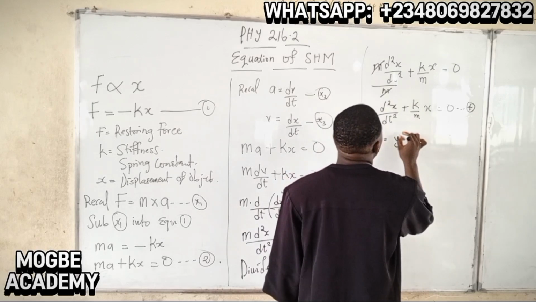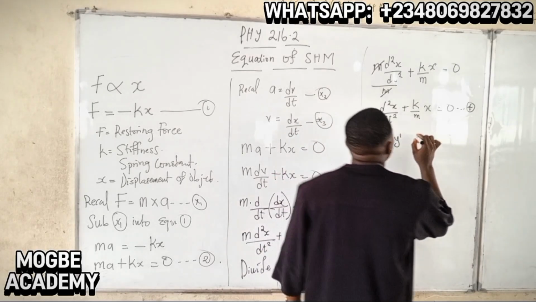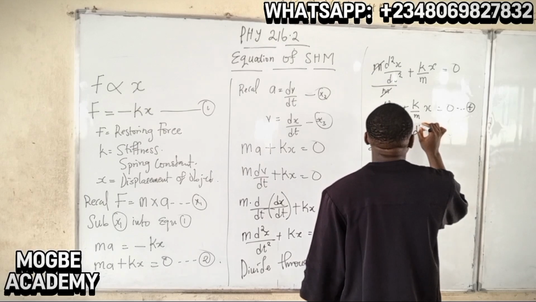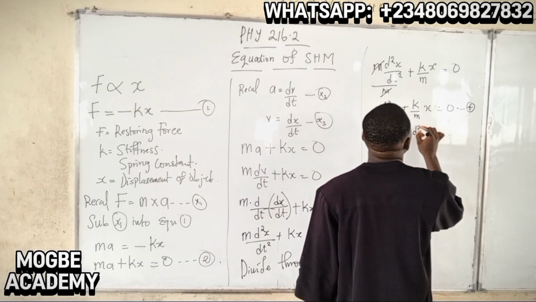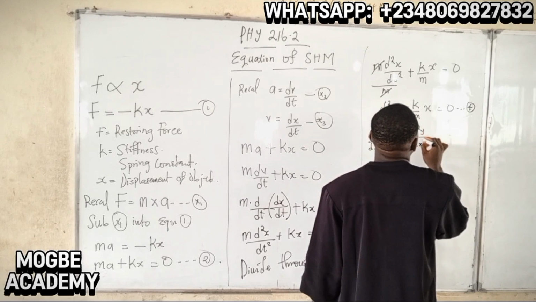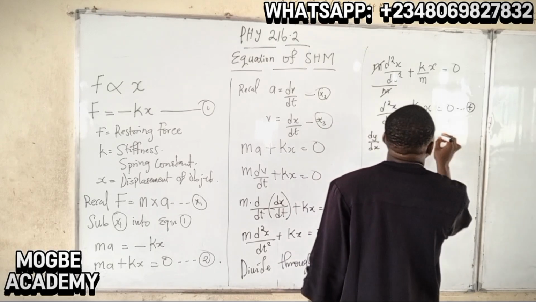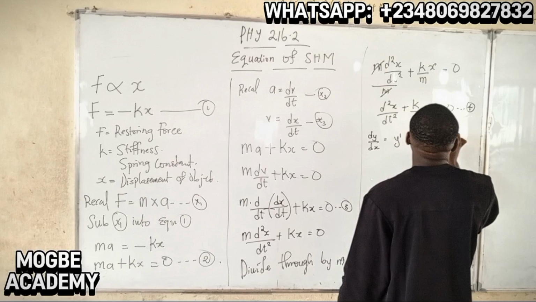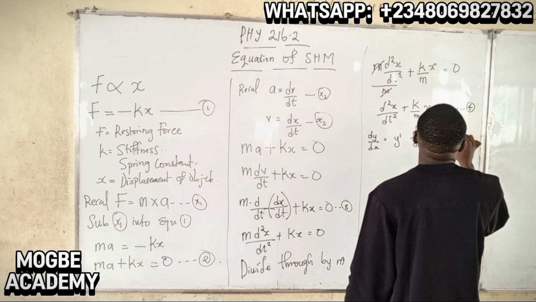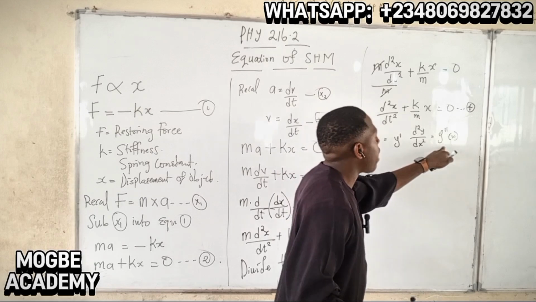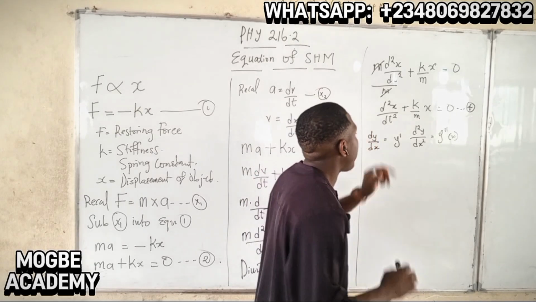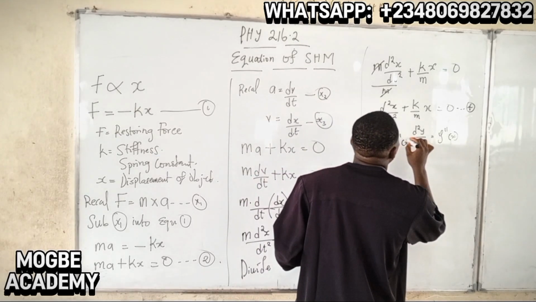From our elementary maths, we know that when we have dy over dx, this is represented as y prime. If we have d square y over dx square, then we can represent this as y prime prime of x. Are we together? So we can represent this as y prime prime. We can represent what we have here as y prime of x.